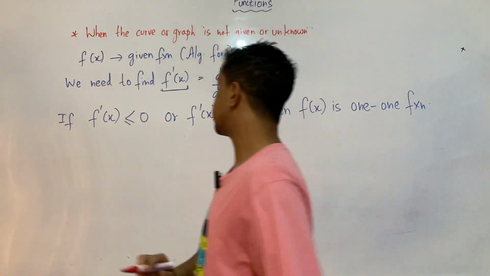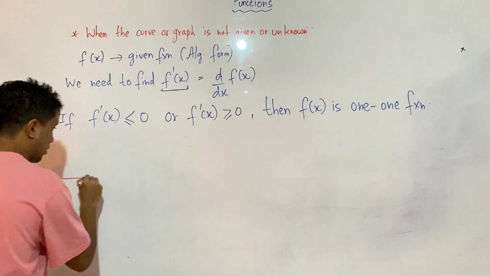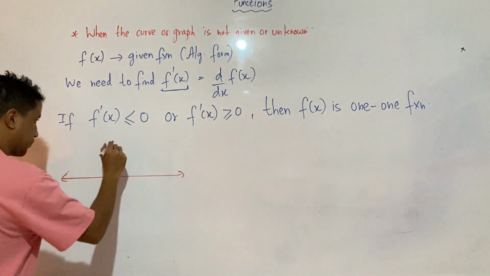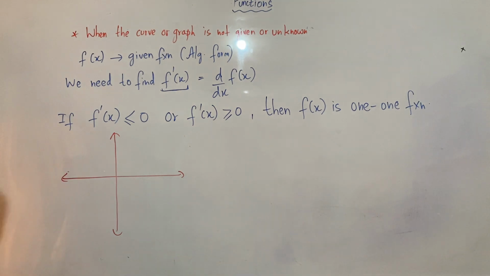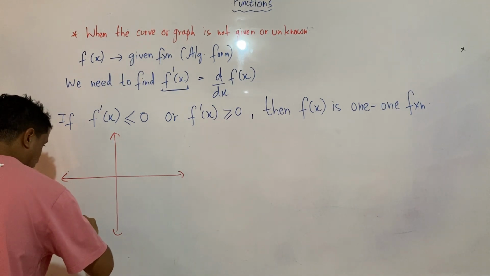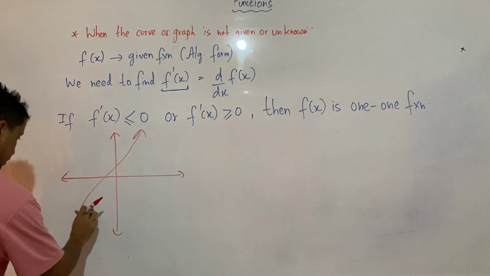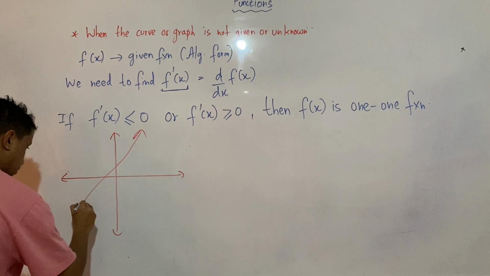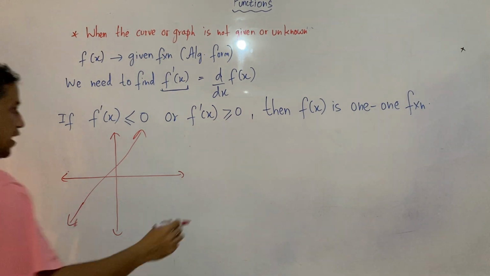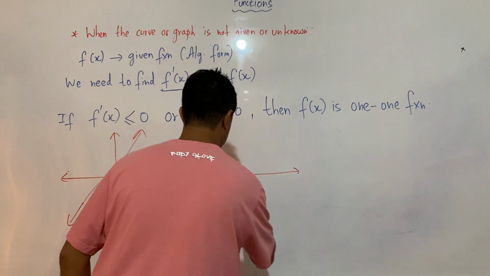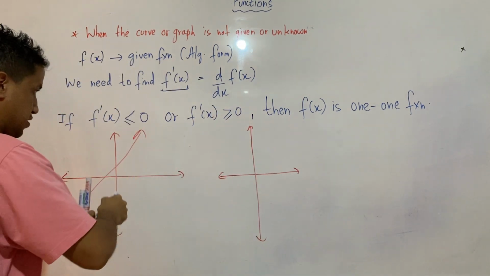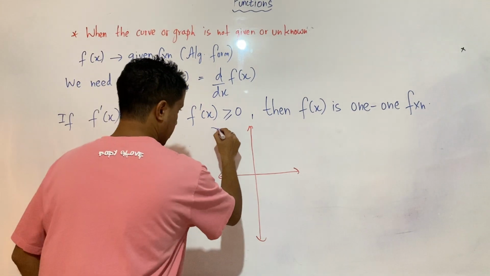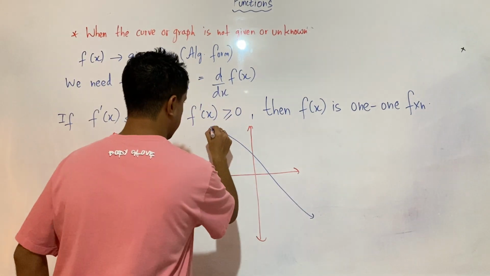Now let's see, here I'm drawing one graph. So this is the graph. And here I have a second graph, and here it goes like this.